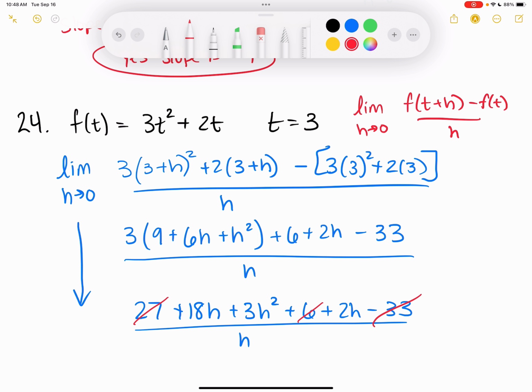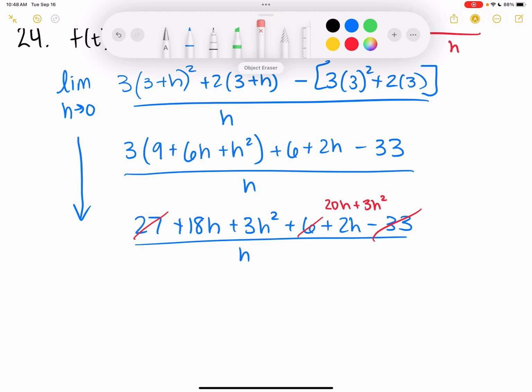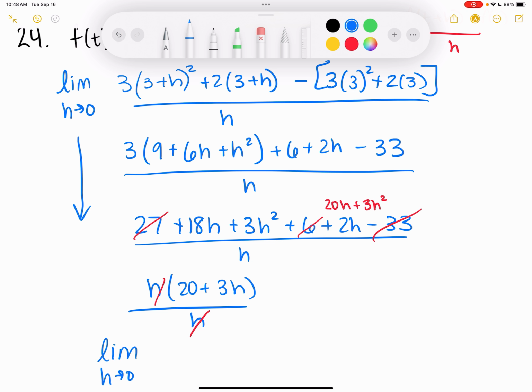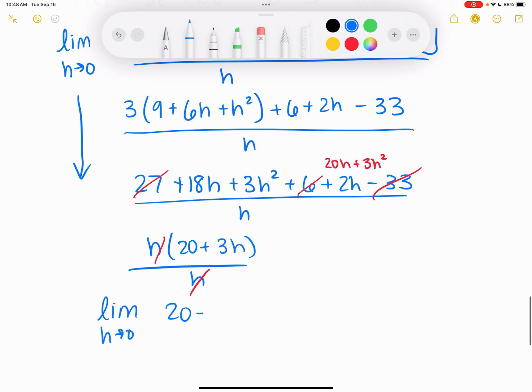So on top, I'm left with 20h plus 3h squared. I'm going to go ahead and factor out an h, and then I'm left with 20 plus 3h over h. H's top and bottom cancel. So the limit as h approaches 0 of 20 plus 3h would be equal to 20.